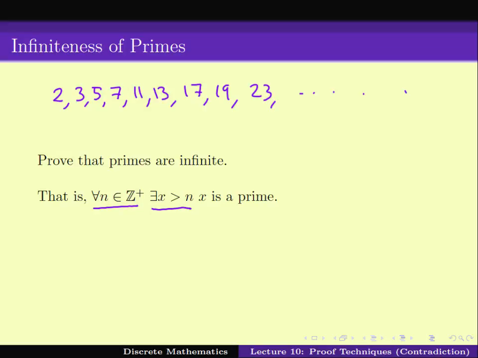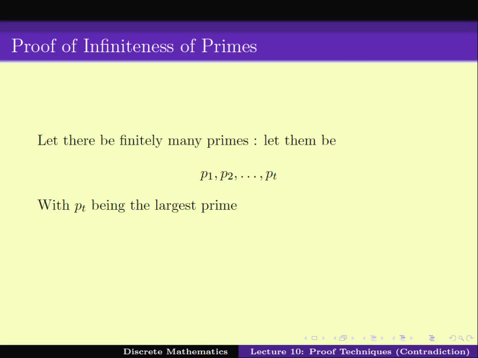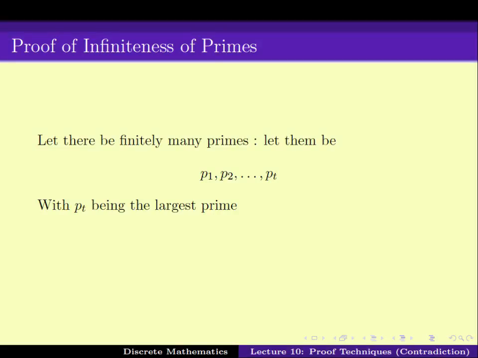Now, how do you prove this statement? How do you prove that the number of primes is indeed infinite? To prove that, we will prove it using contradiction. So first of all, let's go back one step.